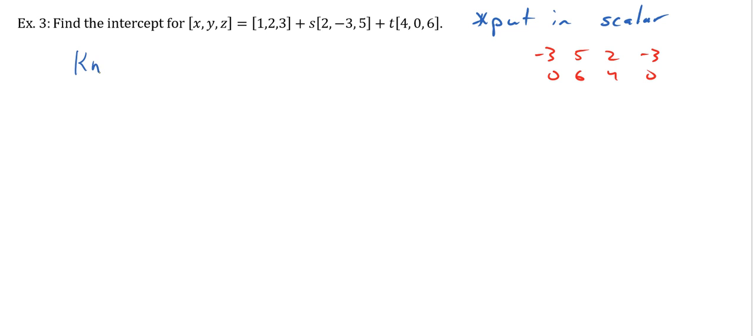So k times n is negative 18 minus 0, 20 minus 12, that's 5 times 4 minus 6 times 2, and 0 minus negative 12, so 12. I can divide all of those by 2, and then often we like the x coefficient to be positive, so I'm actually going to do negative 2, so I get 9, negative 4, and negative 6.